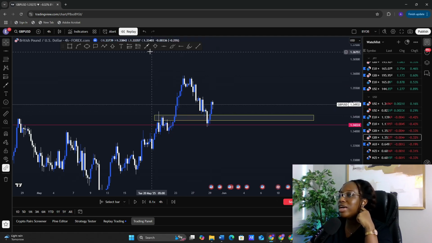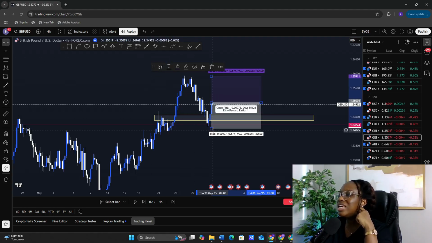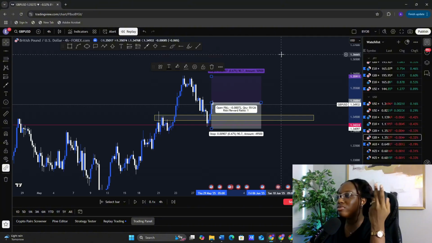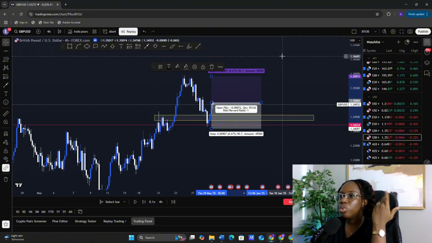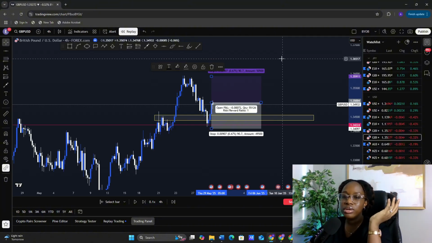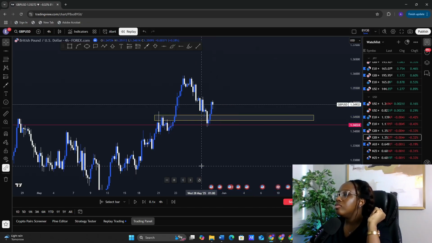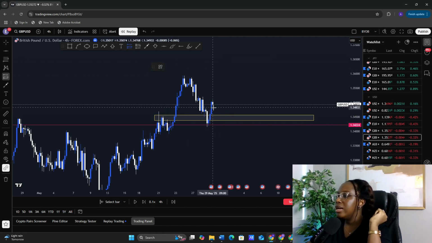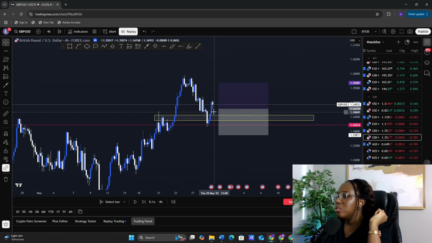If I had entered up here, it would have eaten into my profit, and I would have gotten a 1-to-1 RR instead of a 1-to-2 minimum RR. So instead of doing that, I waited for some form of pullback so I could really take advantage of the move. And at this point here was when I entered.